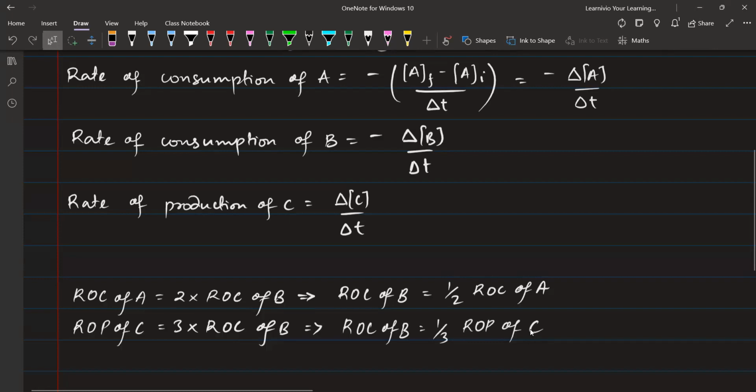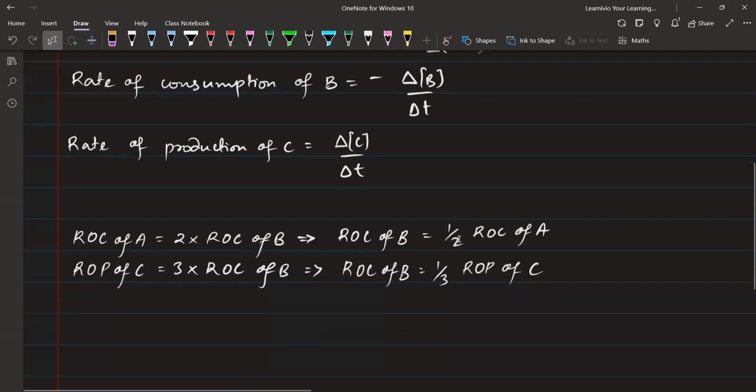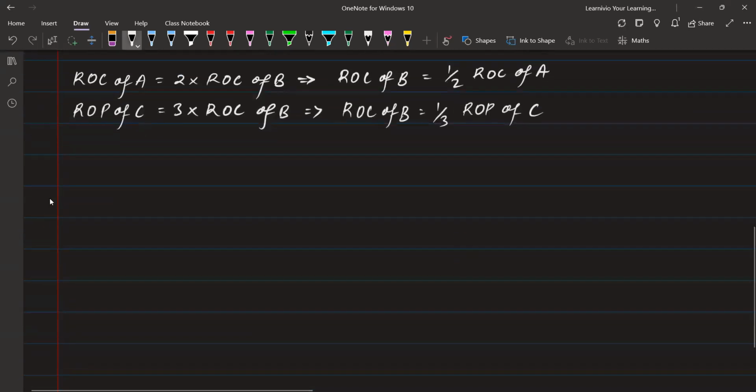And this is how we actually define the rate of reaction. Till now we have defined the rate of consumption of A. For A, you only look at A; for B, only look at B; for C, only look at C. But when we determine the rate of reaction, we have to see all the reactants and the products.